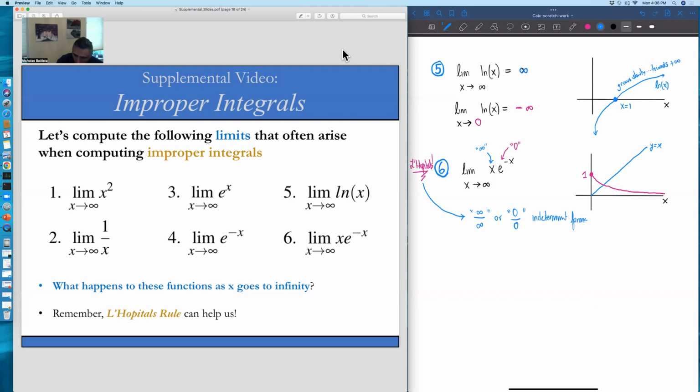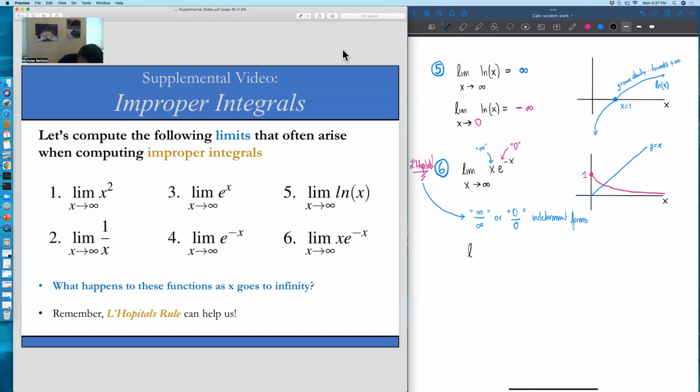In this problem, we don't exactly have one of those because we have something that looks like an infinity times a 0. In these situations, we can use algebra to turn this into one of these indeterminate forms, either infinity over infinity or 0 over 0. And then we can apply L'Hopital's rule. So we do a little bit of algebra first, and then apply L'Hopital's rule.